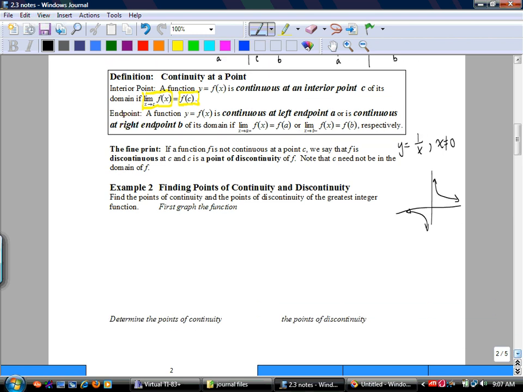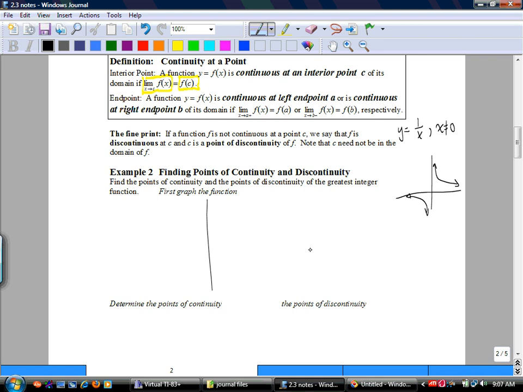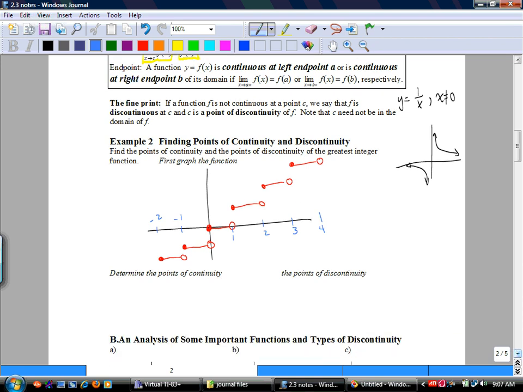I'll draw it for you. It's easy to talk about the points of discontinuity first.